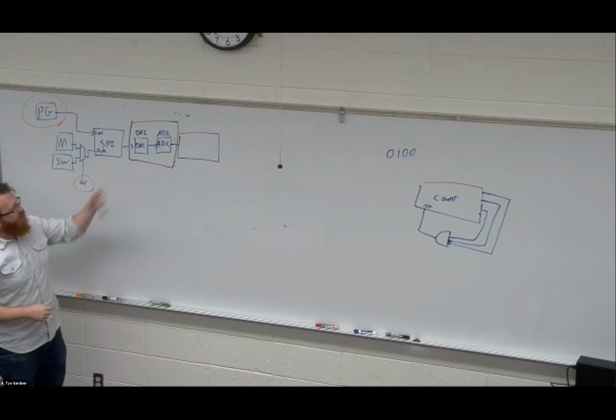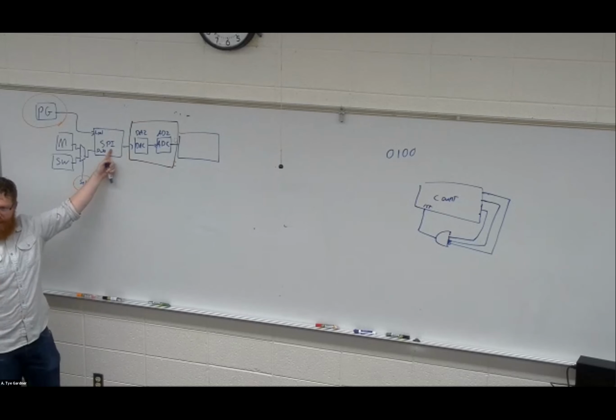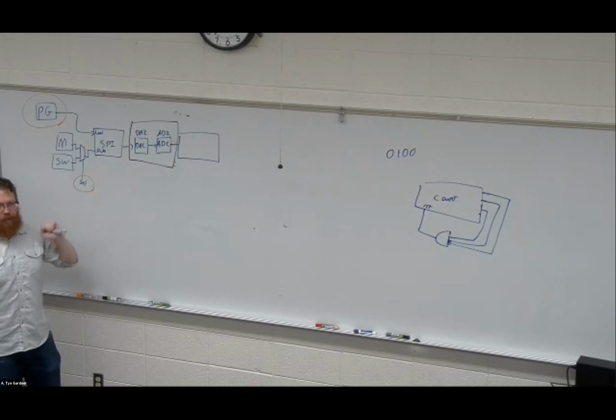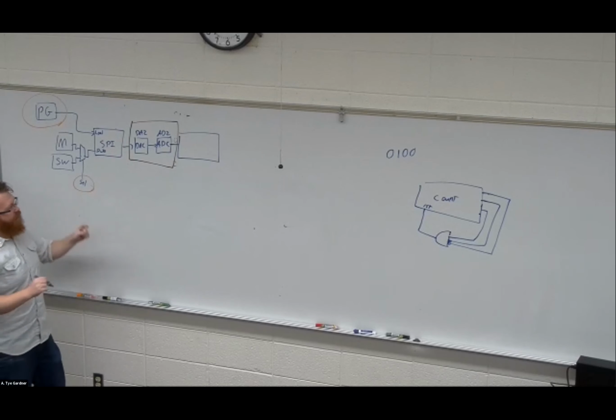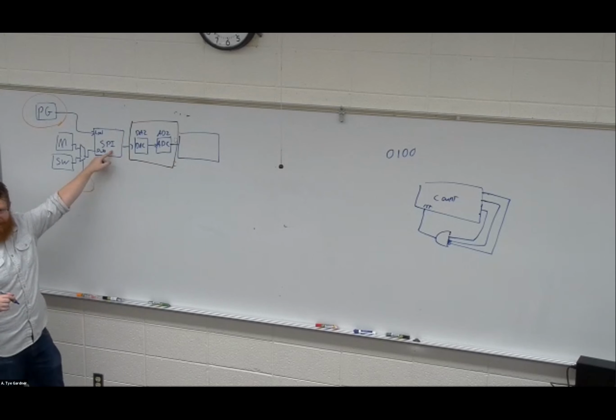So the way we need to talk to the outside world here is through this SPI, serial peripheral interface, right? This is just a communication protocol. It is one of many, many digital communication protocols. Its benefits are that it's fast. It can talk to many devices without very many wires.